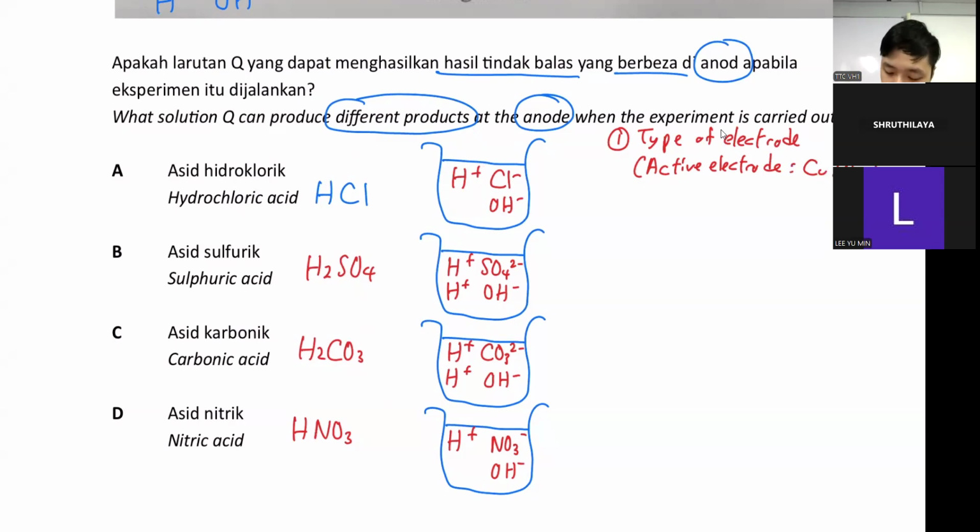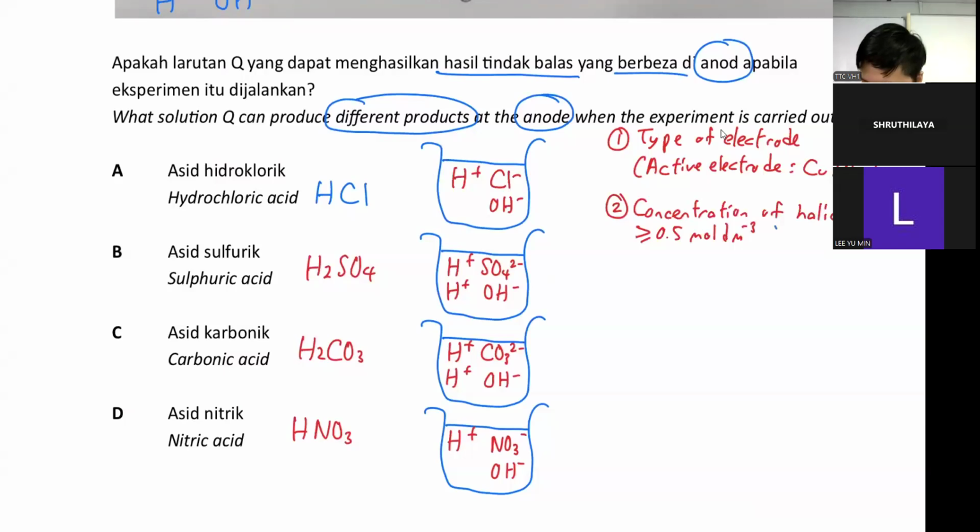What is the second one? The second one is the concentration of halide ions. Normally, I told you, it has to be concentrated, or normally they say more than 0.5 mole per dm cubed.